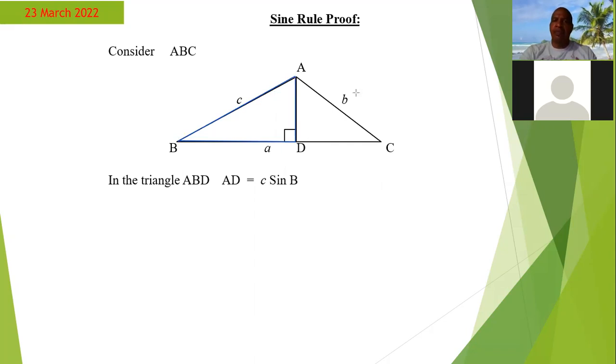Now, if we now calculate the same AD by using the other right angle triangle. So instead of using the left right angle triangle to calculate AD, now we are using the right angle triangle on the right side.